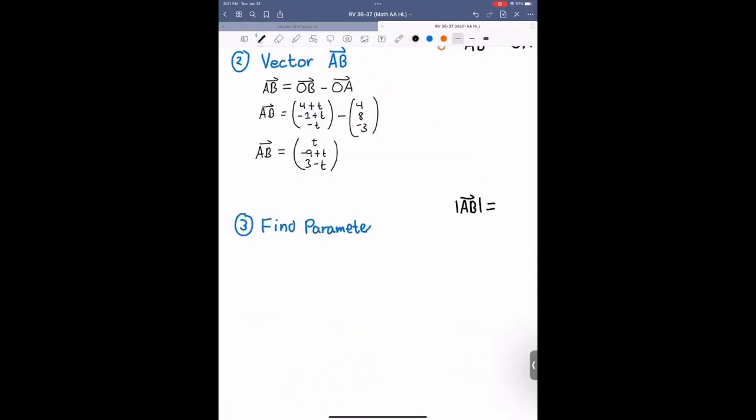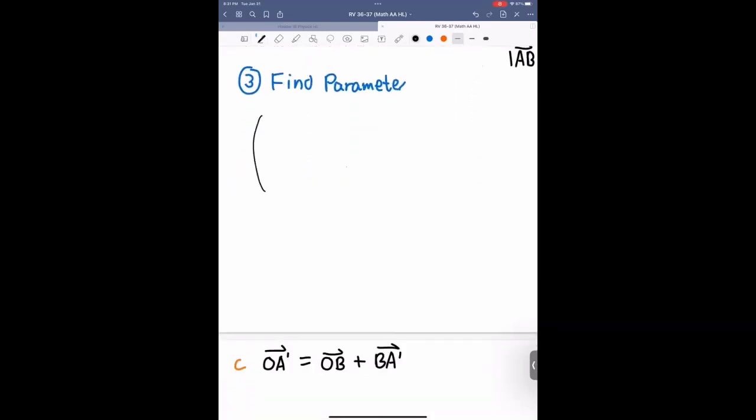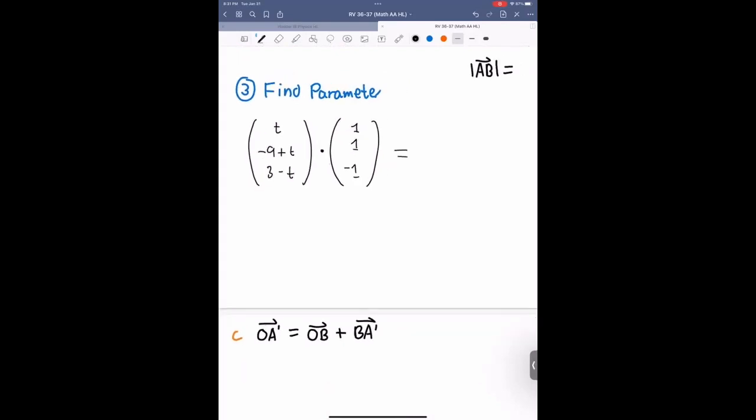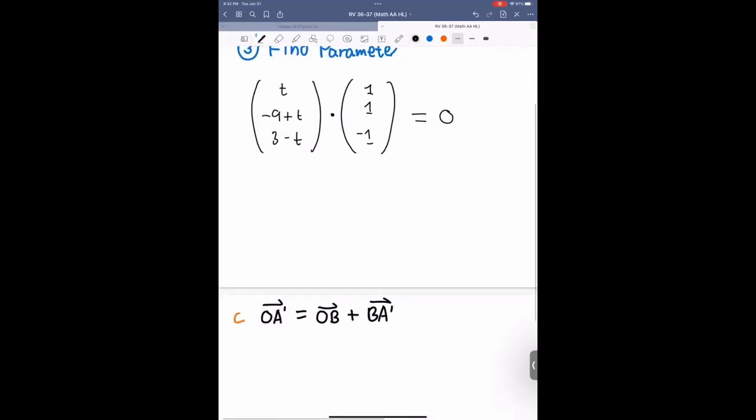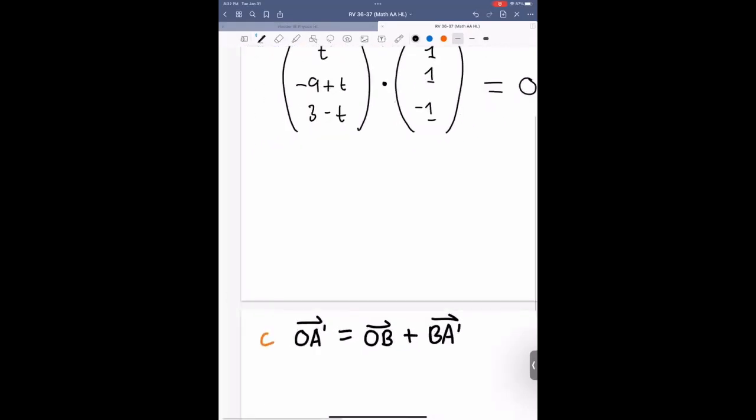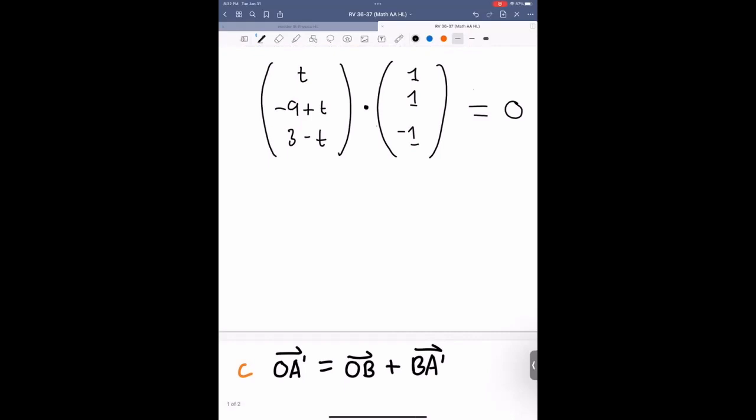Right. Once again, we know that vector AB is perpendicular to line L. Therefore, the dot product of vector AB and the direction vector of line L, which is (1, 1, -1), must be equal to 0. Now, in order to find the dot product, just add the products of the x components, y components, and z components.